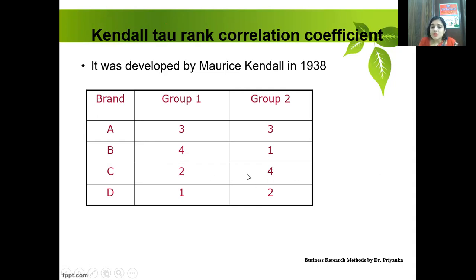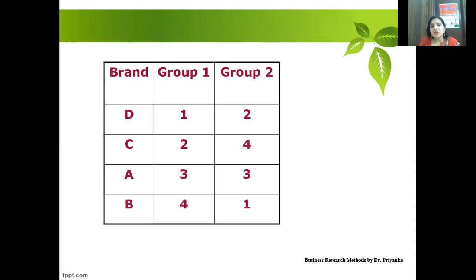That means it is a positive change and you'll be giving it as +1. Again for D as well, it is rank 1 for group 1 and rank 2 for group 2. That means again a +1. So +1, +1 and -1, that means total +1. So you will be calculating that value on the basis.